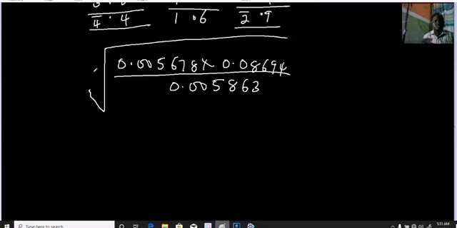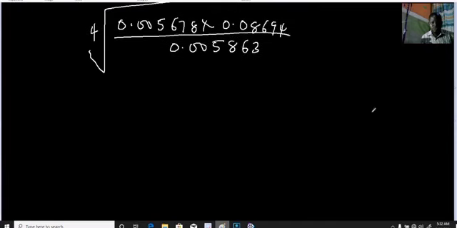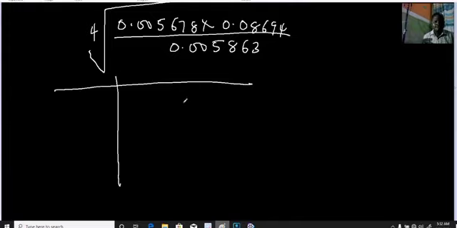Let's do it like this. Let's place 4 here. So you have 4 here. Now, you want to solve this question now. So what you have here is, you have the table, number and log.